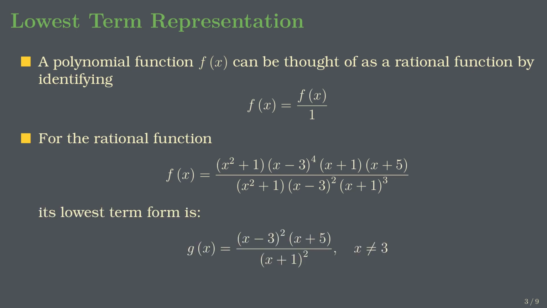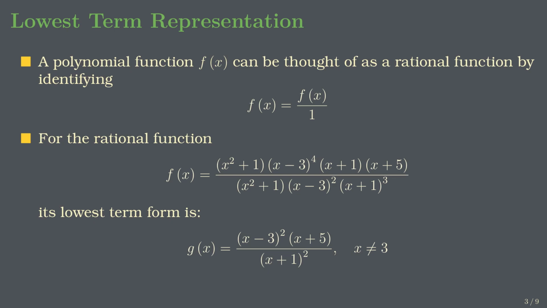But as I explained before, if you simply remove all the redundant factors by canceling them out, then you might lose track of the domain of the rational function. So if you want to keep the rational function correct, then besides writing the lowest term form, you need to keep track of the condition for which the denominator is different from 0.